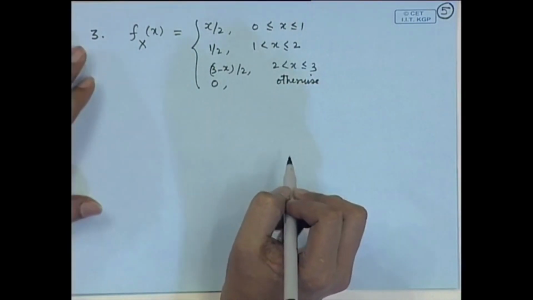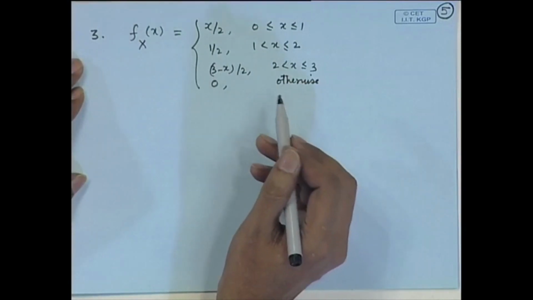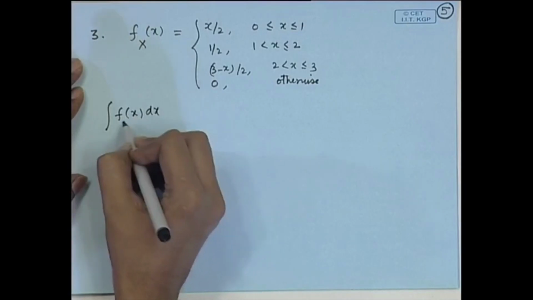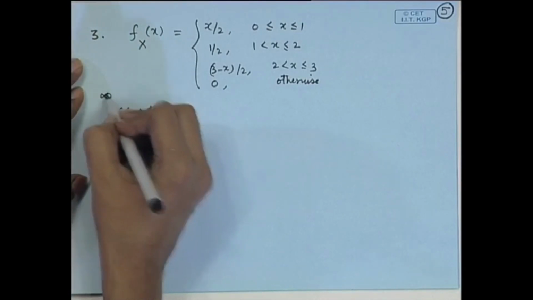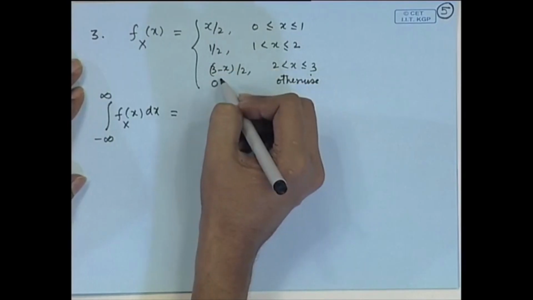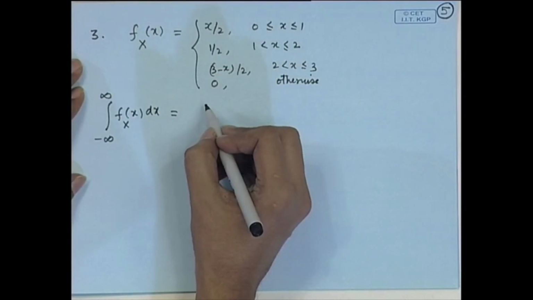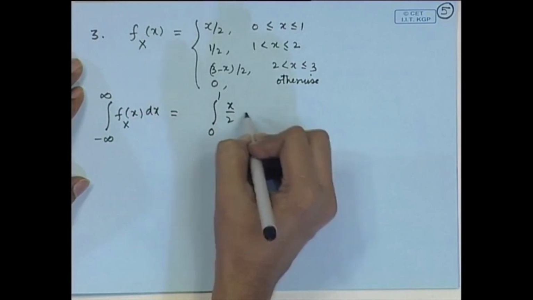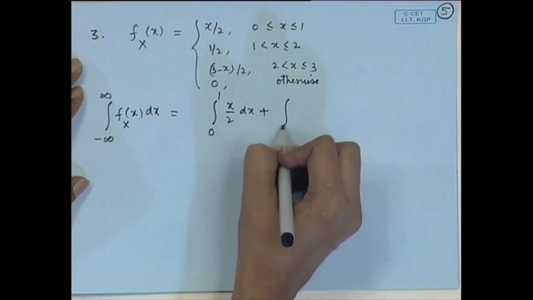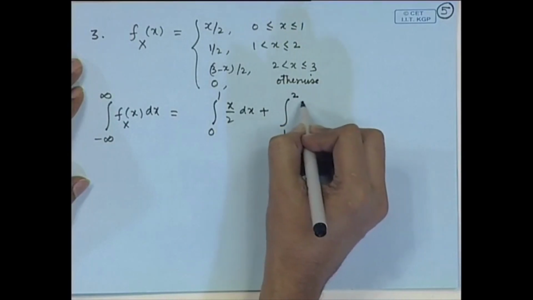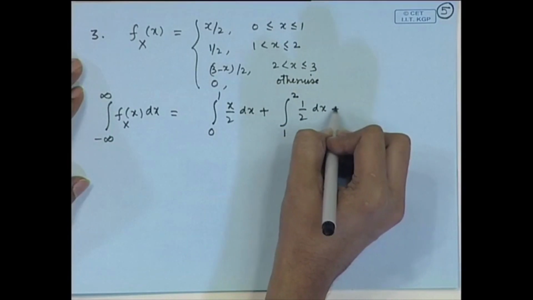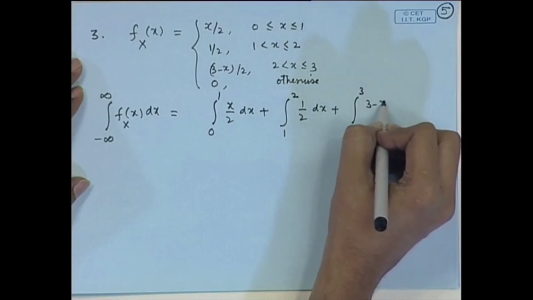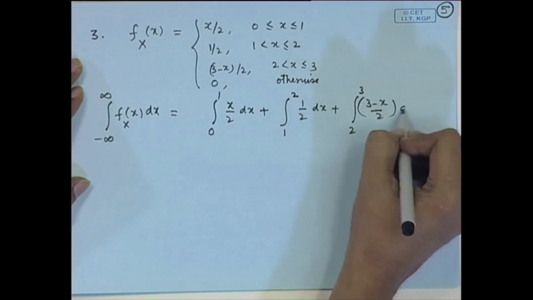First thing is, we should notice whether it is a proper probability distribution. Then the integral of f(x) dx over the full range must be equal to 1. Obviously, it is a non-negative function. So, this will be equal to the integral from 0 to 1 of x by 2 dx plus the integral from 1 to 2 of 1 by 2 dx plus the integral from 2 to 3 of (3 minus x) by 2 dx.